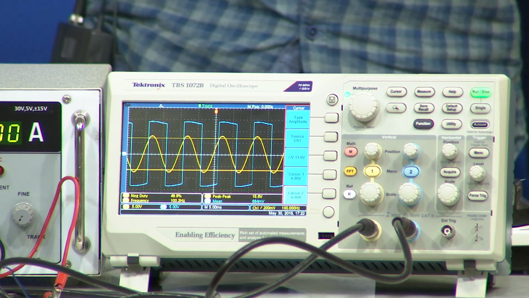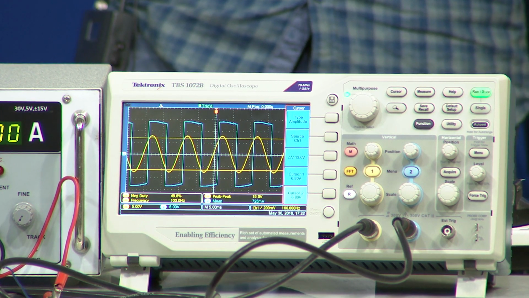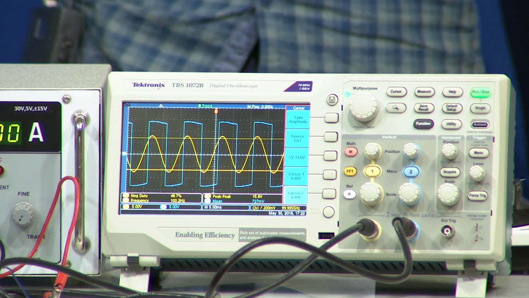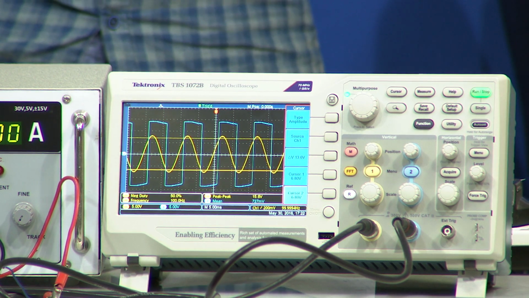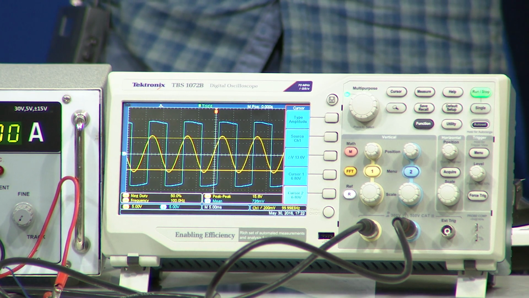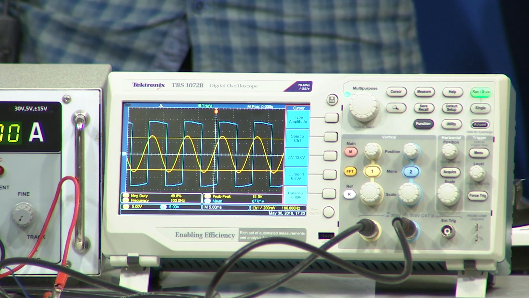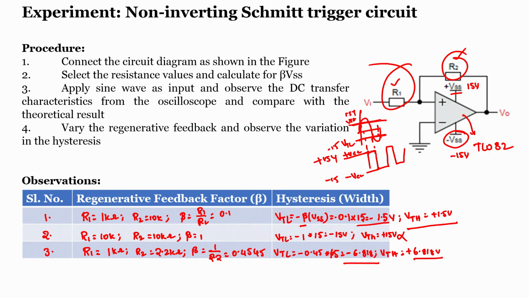But in a realistic way, how do we understand where we use this particular circuit? Why don't you consider the same example we have discussed, a water heater, right. In day to day life we always use the water heater. Now I want to switch on the water heater only when the temperature is lower than 50 degrees, but when the water temperature is greater than 70 degrees, I have to switch it off.